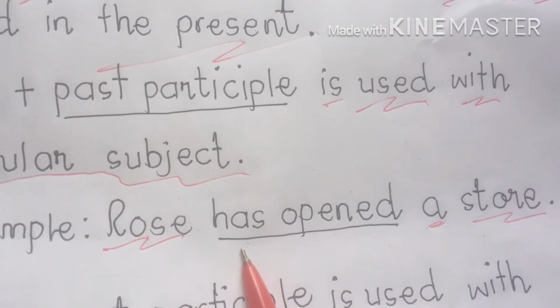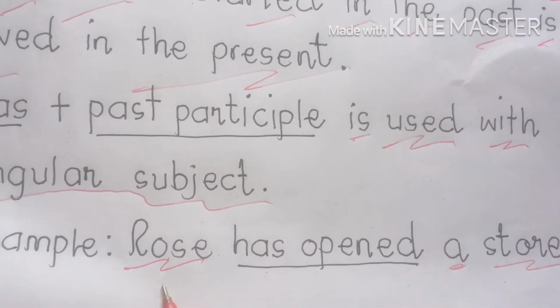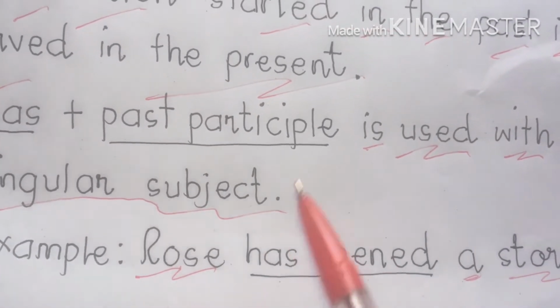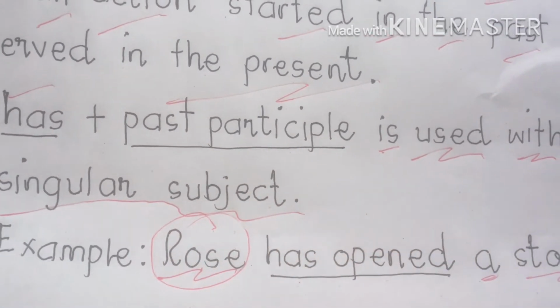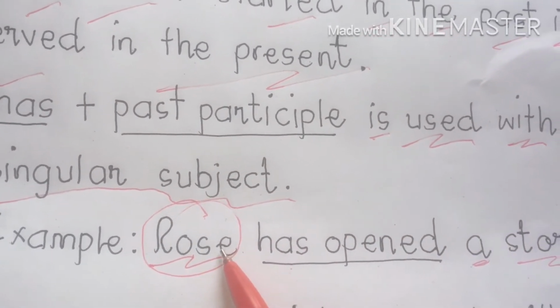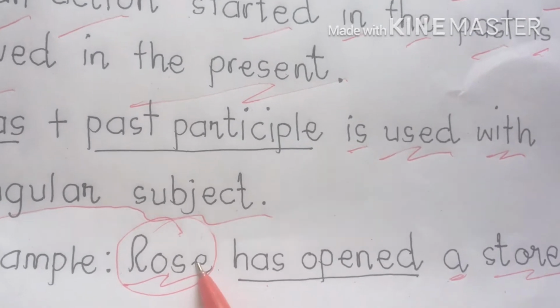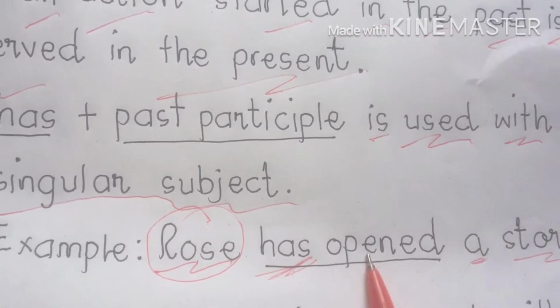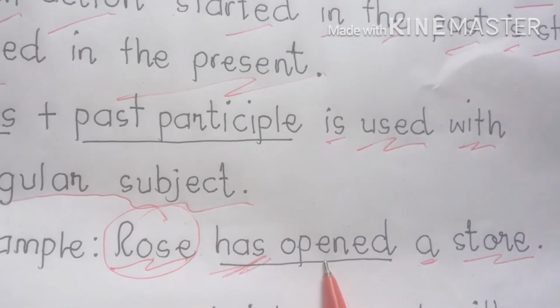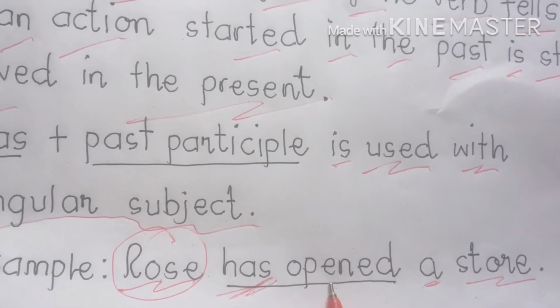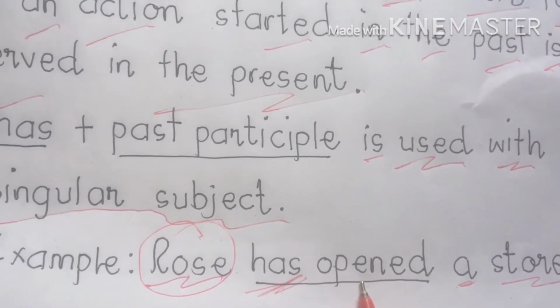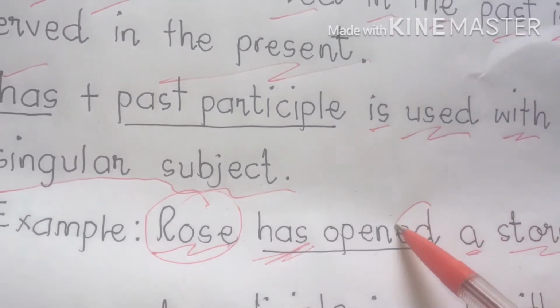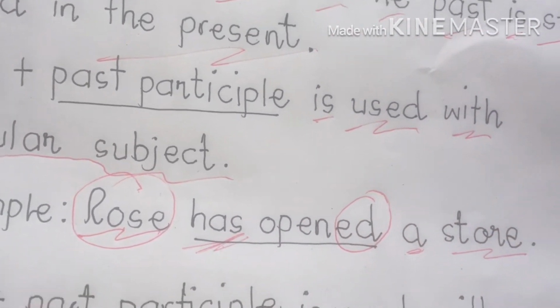Why? Because our subject is singular. And where is the subject? Rose is our subject. This is a singular subject, that's why we use has. Then has plus the past participle of the verb, which is opened. This is past. Why past? It ends with ed. The action is already done.